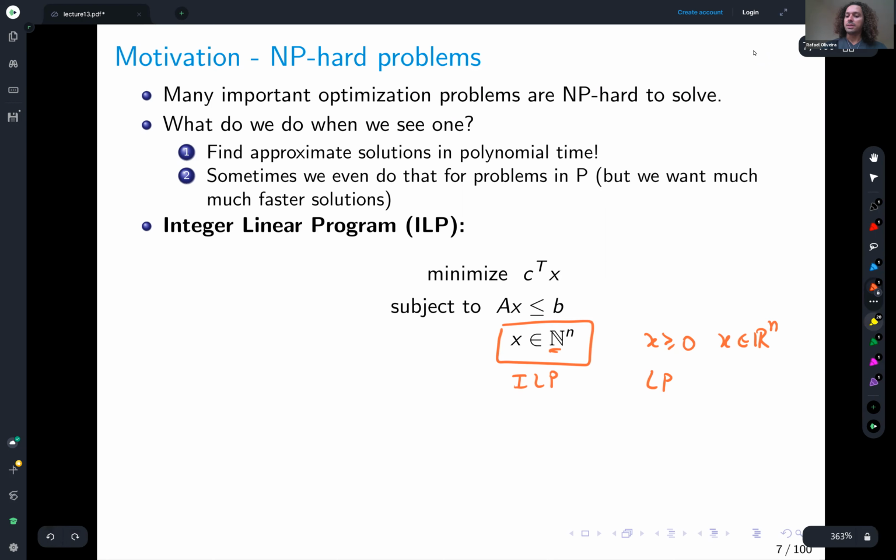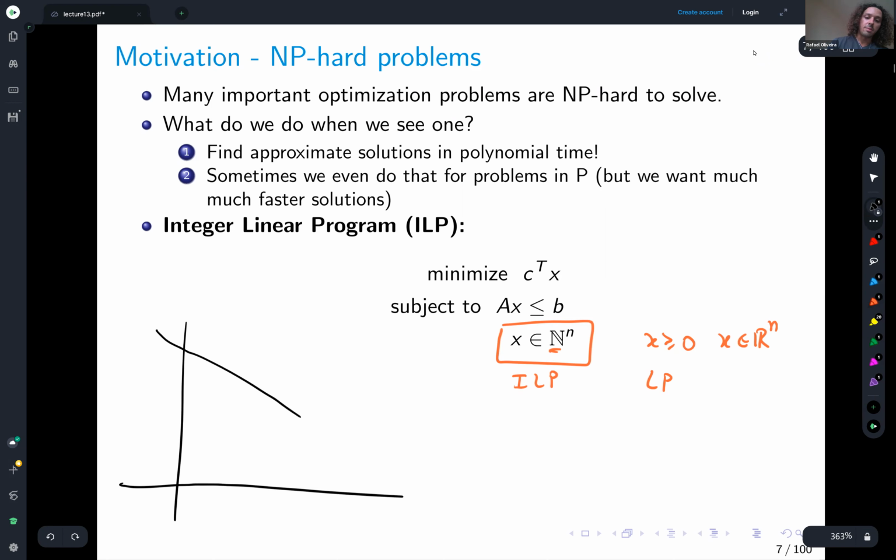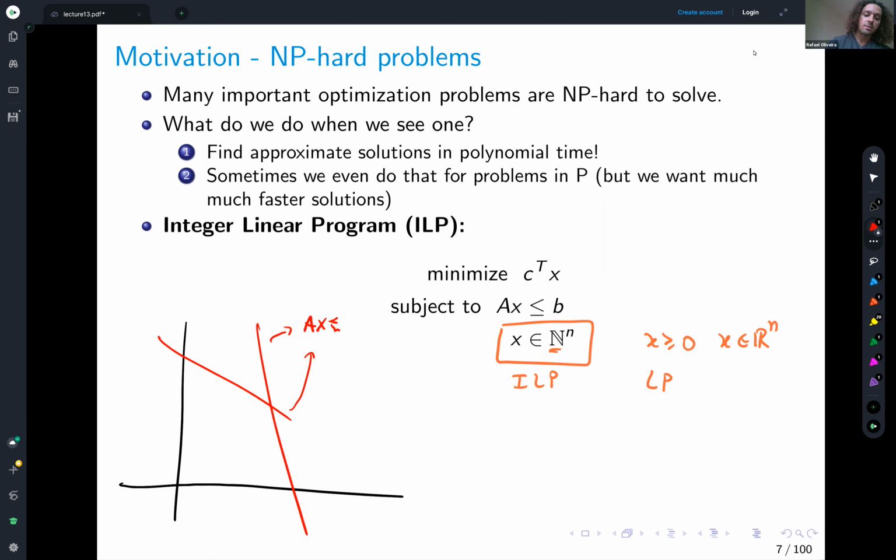And what is the difference between the two of them? Well, we can just do a graph here. Suppose that we had a graph and two constraints. Let me put the constraints in red. These are the linear programming constraints, Ax less than or equal to b. And then what is our feasible region? Our feasible region is this region.